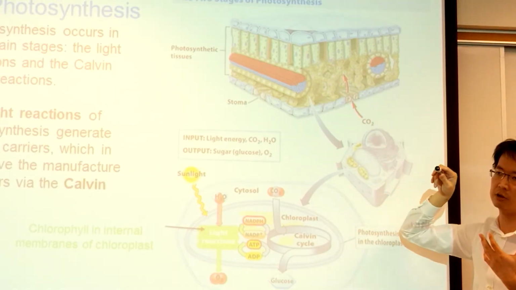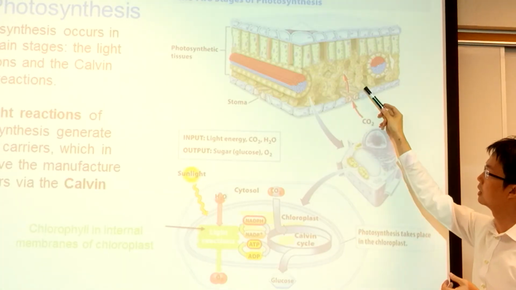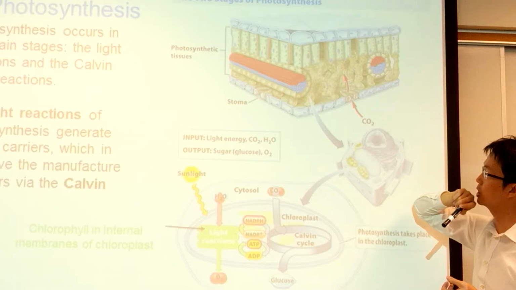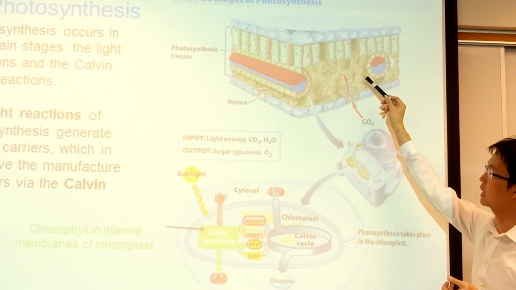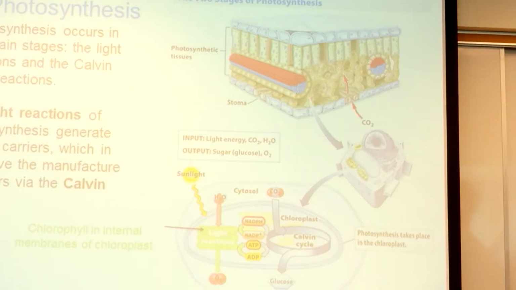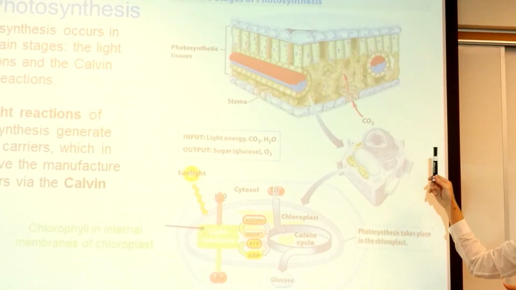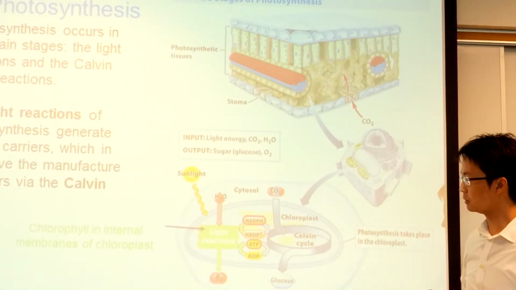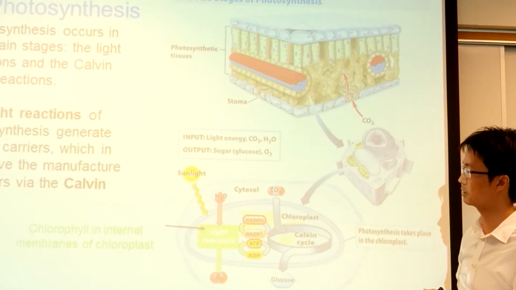Stoma is like our nose or our nostril. And then the empty space in the spongy mesophyll, they are for gaseous exchange. Now, once the CO2 goes into the cell and goes into chloroplast, then they can start photosynthesis.